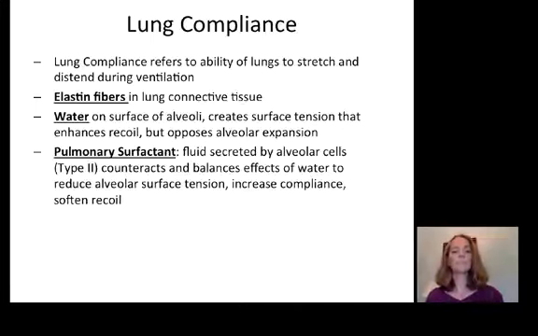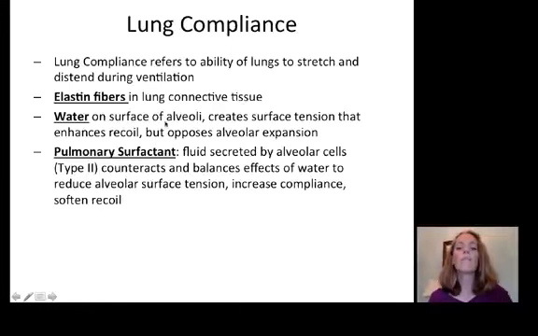so that they can also stay open. The pulmonary surfactant is a fluid that is secreted by the alveolar cells that balances the effects of the water to make sure that the surface tension is not too high. So this allows the airways to stay open and be more elastic, to stretch and recoil.